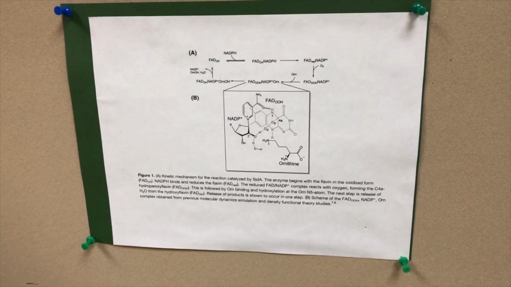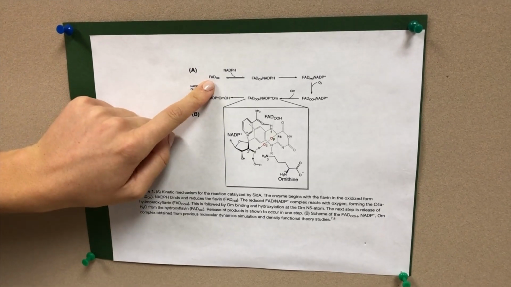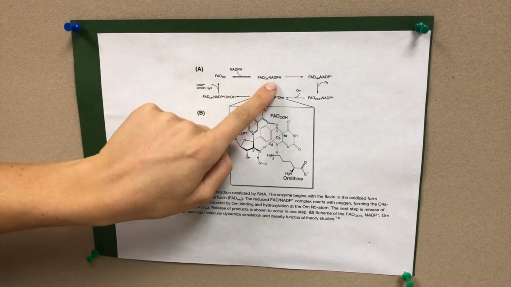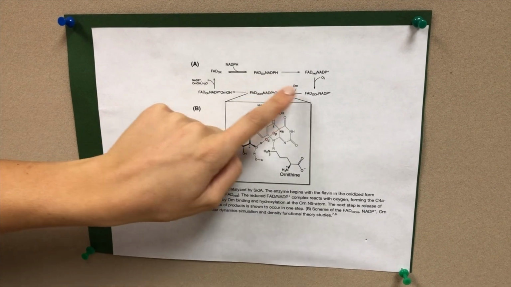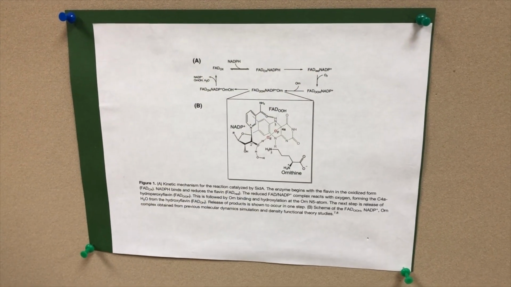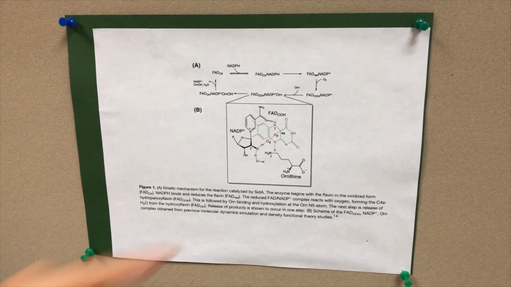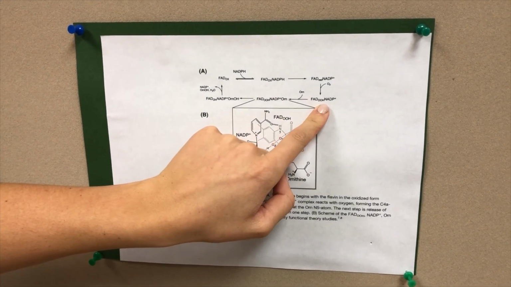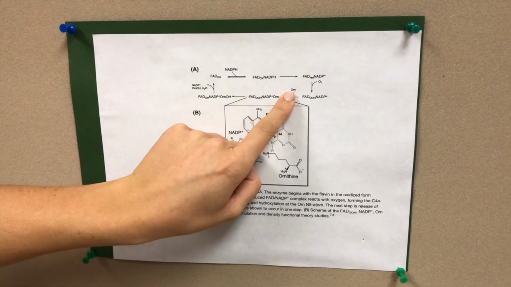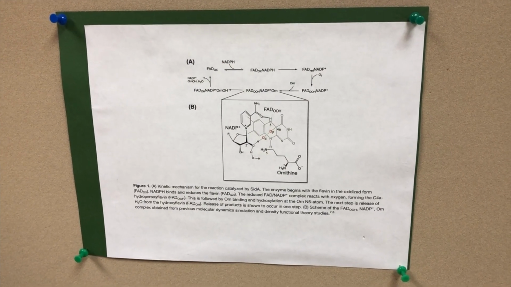The reaction catalyzed by SidA starts as the enzyme with the oxidized form of flavin attached. Flavin is reduced by NADPH to form the reduced FAD-NADP+ complex. This complex reacts with oxygen to form the C4a-hydroperoxyflavin. Once this happens, ornithine can bind and is hydroxylated at its N5 atom.